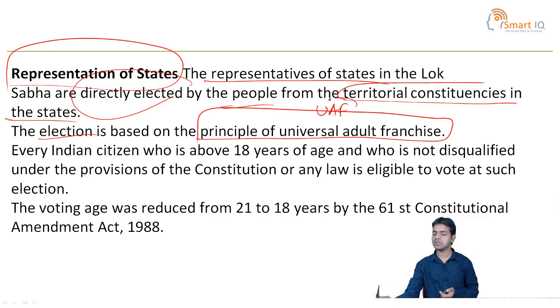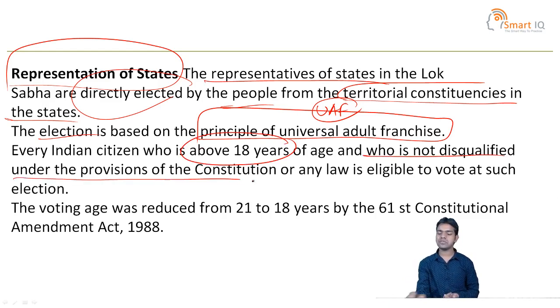What is meant by universal adult franchise? Every Indian citizen who is above 18 years of age and who is not disqualified under the provisions of the Constitution is eligible to vote at such elections. That is called the principle of universal adult franchise.